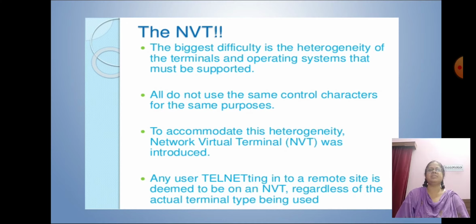Hence, both the server and client in the connection may not need to keep any information about each other's terminal characteristics, as both of them see each other as an NVT terminal. It is used to run command line programs, shell commands, scripts, and batch files over a Telnet connection.